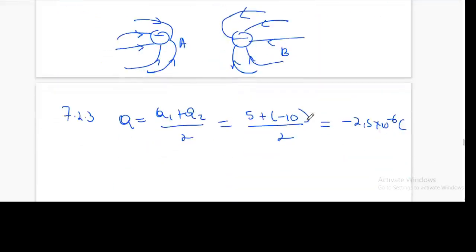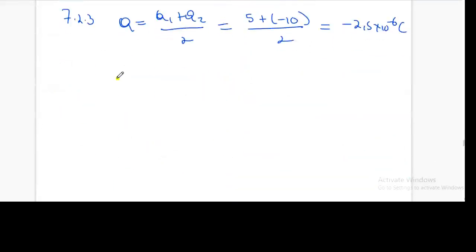Now we know that here we have a negative charge, here we have a negative charge, and here this is P. When I'm standing here at P, this one, the field line goes away from P, to the left, and this one also, the field line goes away from P. So the field lines all go to the left.